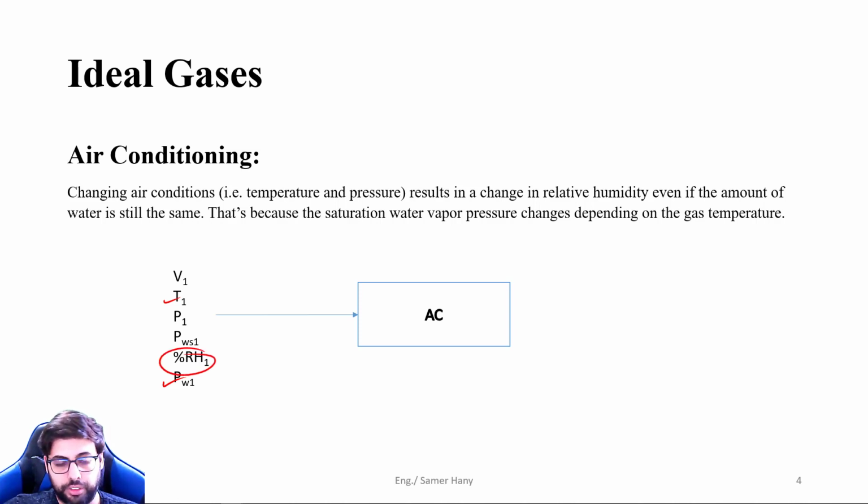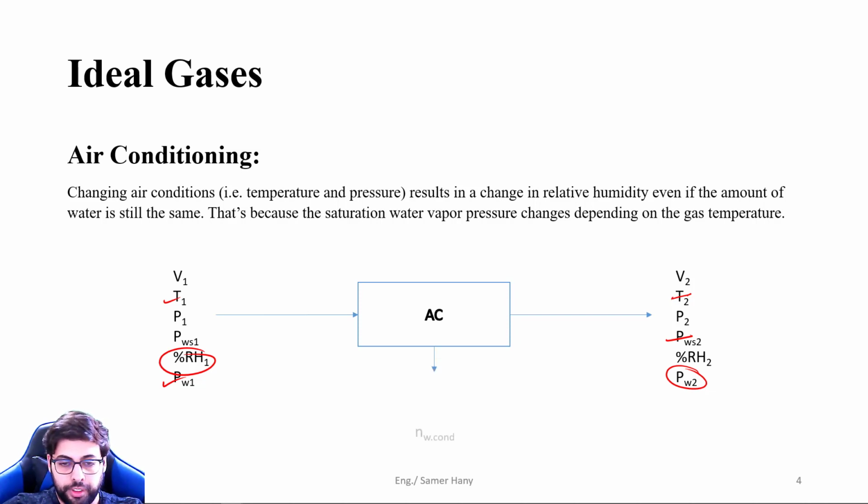That gives the relative humidity at the inlet of the air conditioner. Changing the conditions for that air will give a different volume, temperature, and pressure, and since the temperature changed, the saturation pressure for water vapor will change at that temperature.